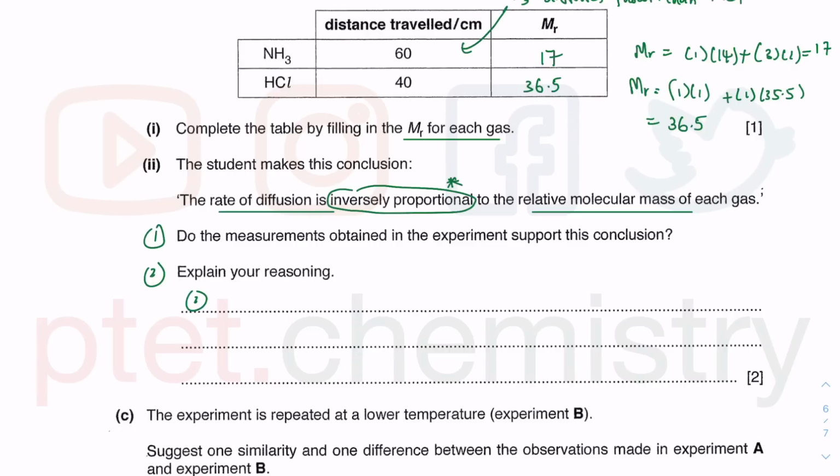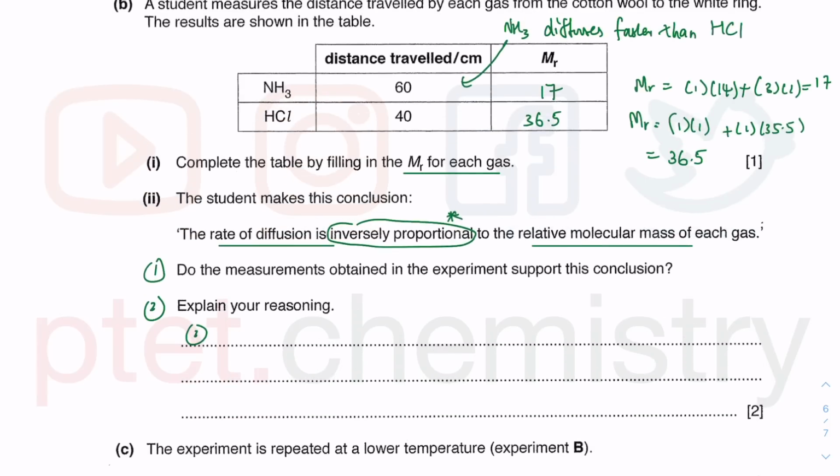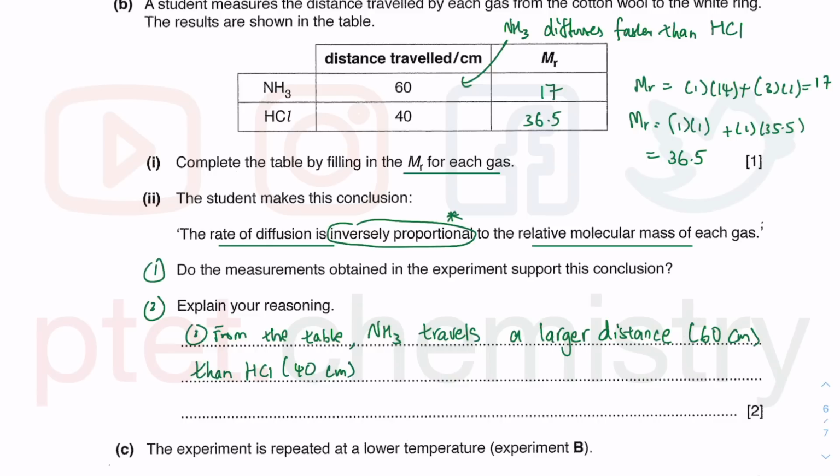Look at this table. So we know the ammonia travels a greater distance. So from the table, NH3 diffuses a larger distance. It travels a greater distance, 60 cm, then HCl, which is 40 cm, in the same time given.